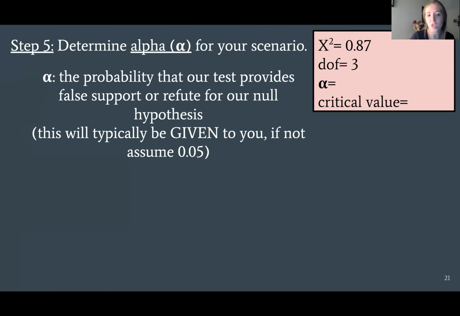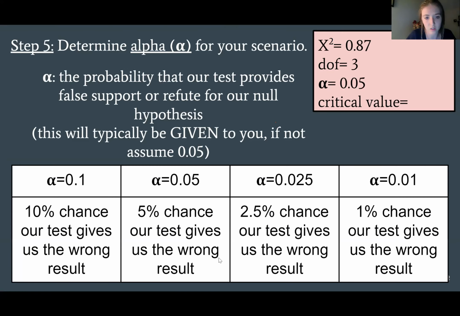For AP Bio, assume that this value is always going to be 0.05. This represents confidence. And these are some typical values you might see. They may ask you to use a different alpha value, but these are what these values mean. They basically represent the probability that our test gives us the wrong result.